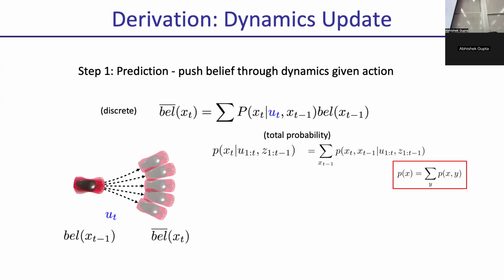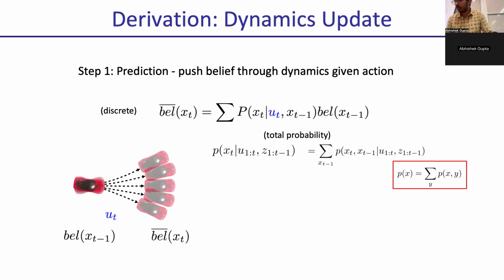It's the same as if I have P of a comma b and I sum out over b. It's a little more confusing to go from left to right, but if you go from right to left, you have this joint distribution and then you just sum out over xt minus 1.